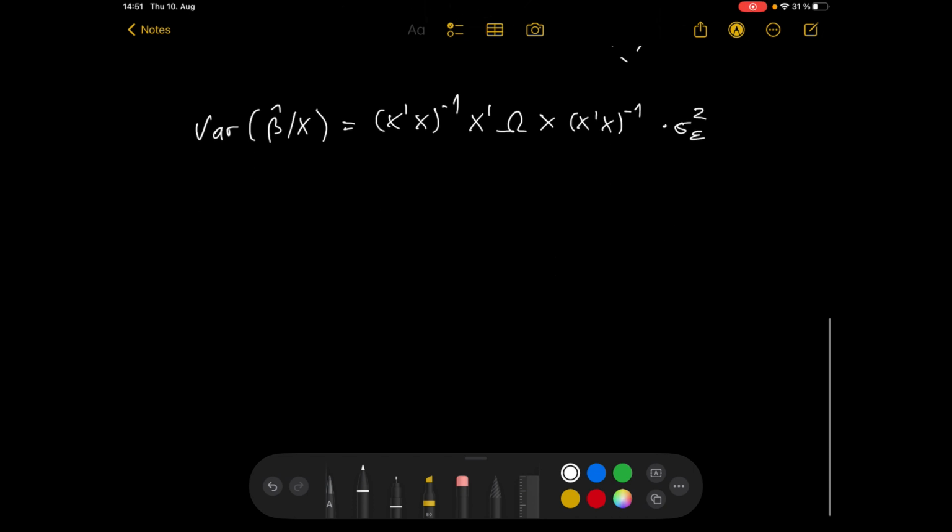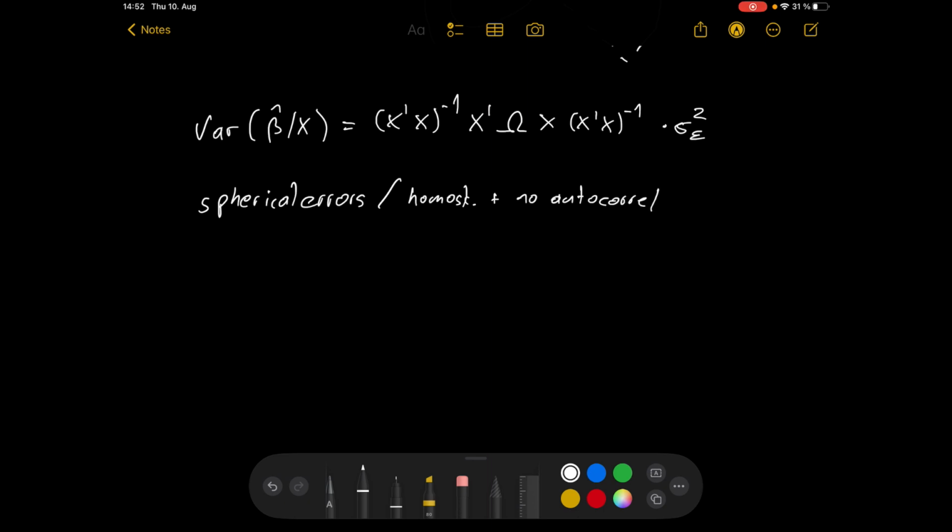Right? Now, there's the spherical error assumption for homoscedasticity and no autocorrelation. And this assumption states that omega is equal to the identity matrix.